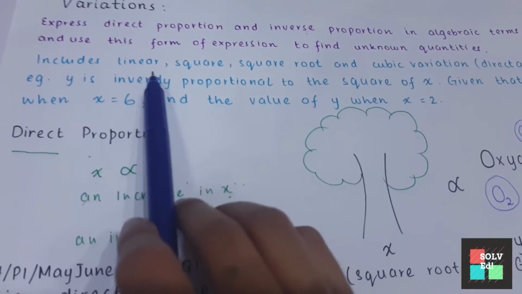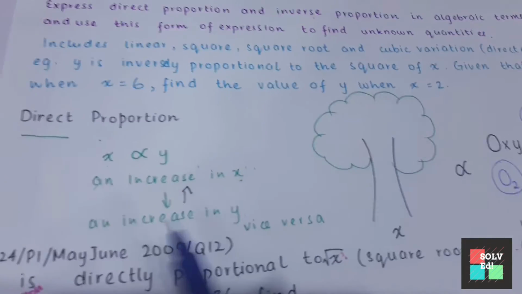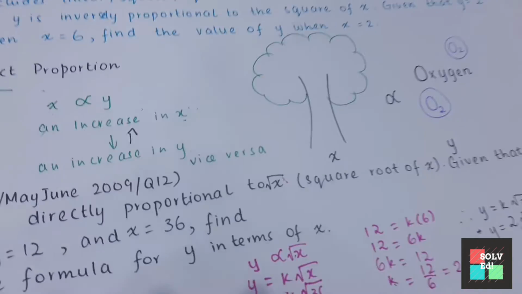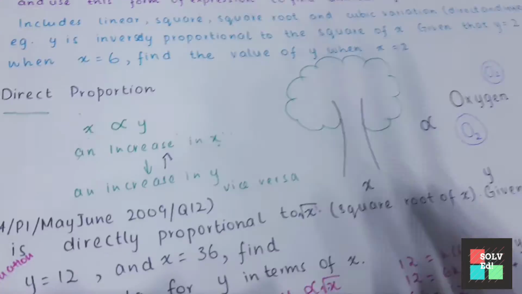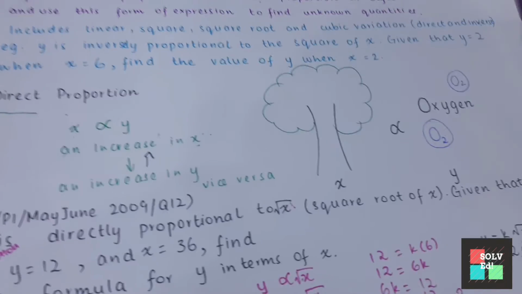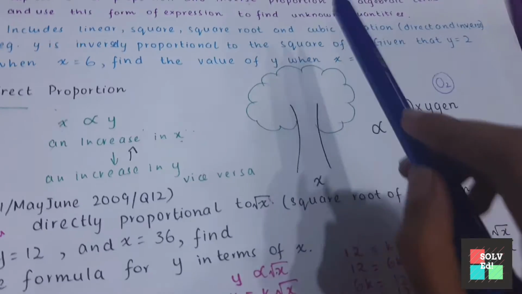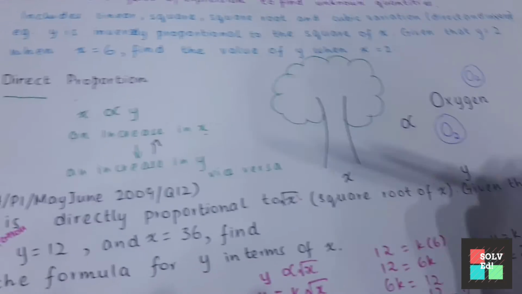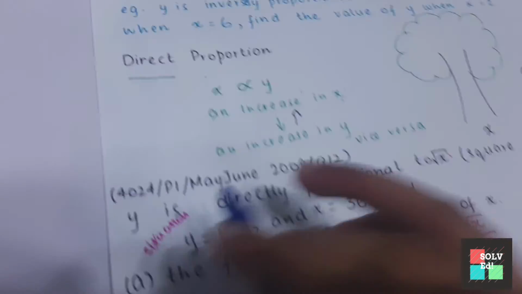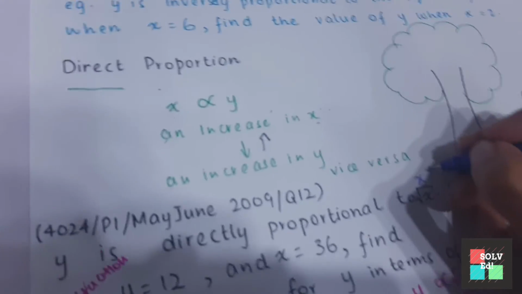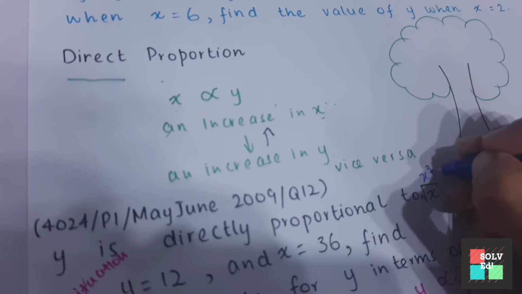So we've done the linear. Linear is pretty simple. Y is directly proportional to x, and then the given situation. Square, we've done among the past paper questions. Square root, right here, also a past paper question. Cubic variation. A cubic variation can just be y is directly proportional to x cubed.